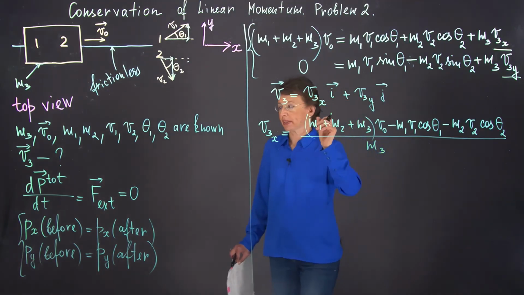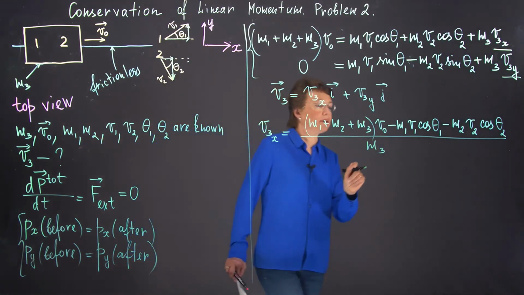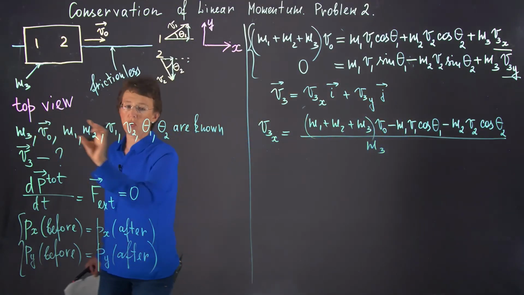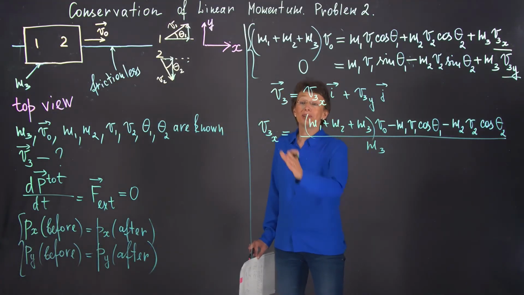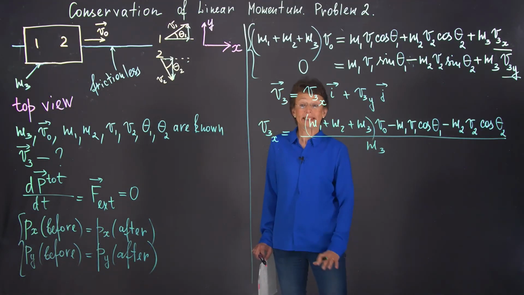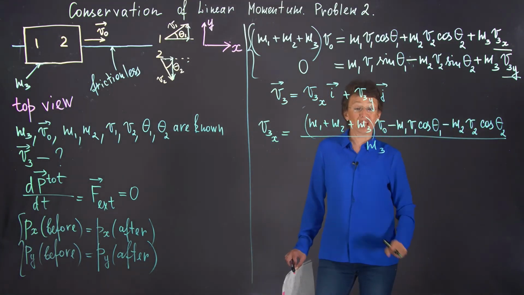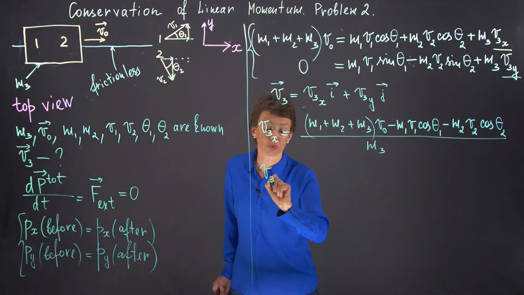If I'm given the numbers for m1, m2, and m3, and I'm given v1, v0, theta 1, and theta 2, remember, all this was given to us. Those are known quantities. Then we calculate v3x. I have v3x on the left and everything that is given on the right. We do the same for v3y. Let's solve for v3y.